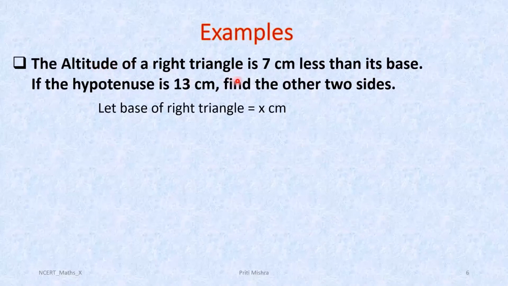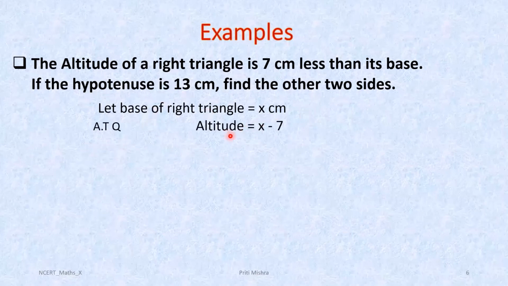The altitude is 7 centimeter less than its base, so the altitude is given in terms of the base. That's why we suppose the base of the right triangle is x centimeter. Then the altitude will be x minus 7 according to the question.